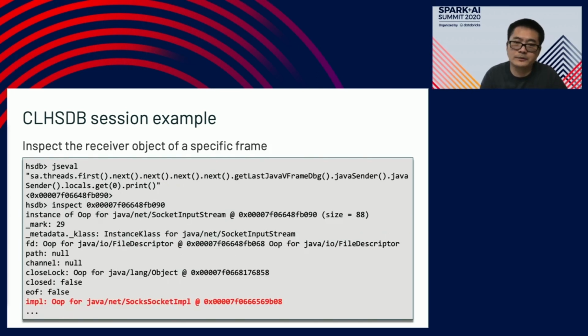And then I want to know what is the state of that socket input stream. So by running this other very complicated command, I can introspect into the inner guts of this object. And I can see that there's another indirection for the implementation of the actual socket.